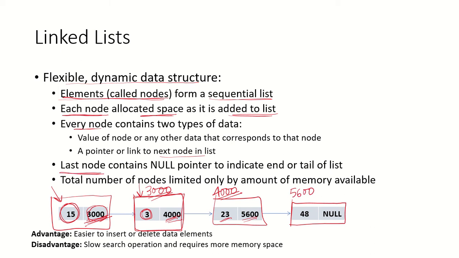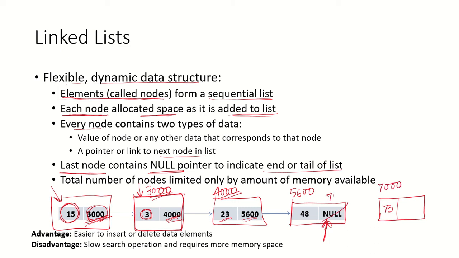The last node will always contain a null pointer. So this has a null value, which shows that this is the end or tail of the list. In case a new node has to be added, it can be created over here. Suppose the value there was 75 and this node was created at memory location 7000.